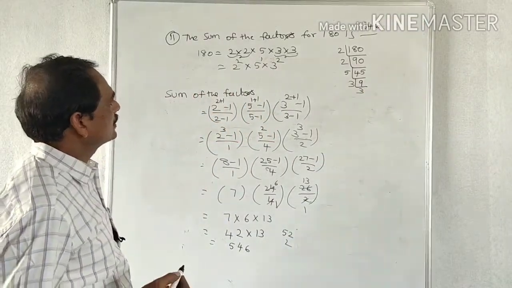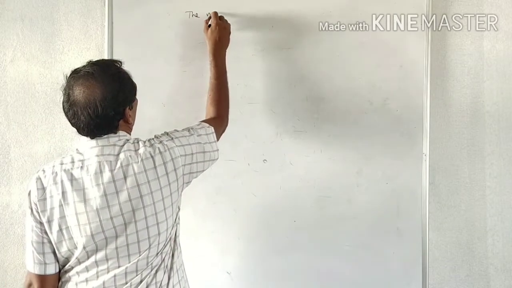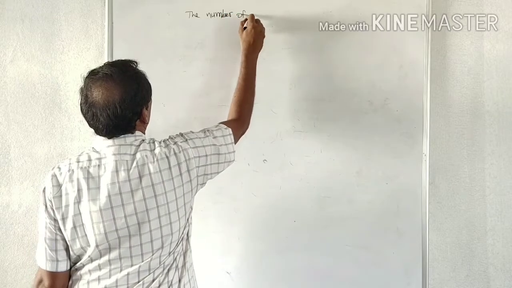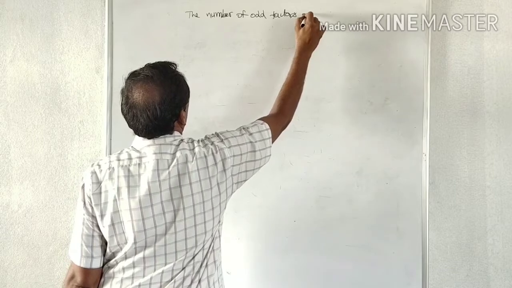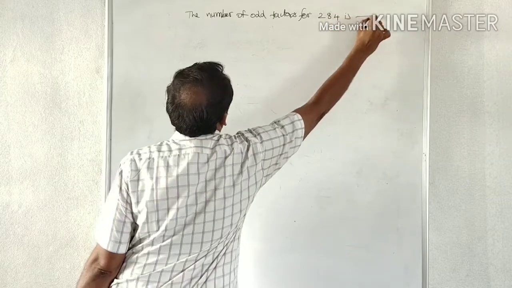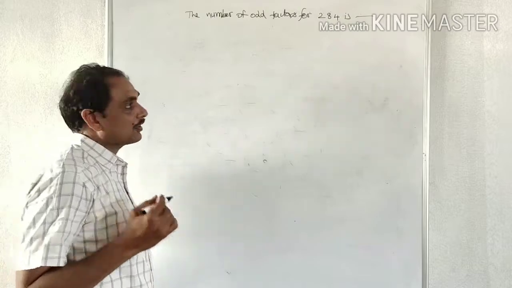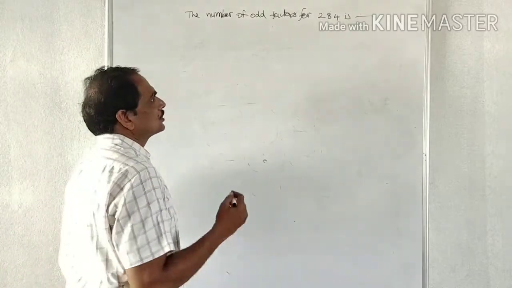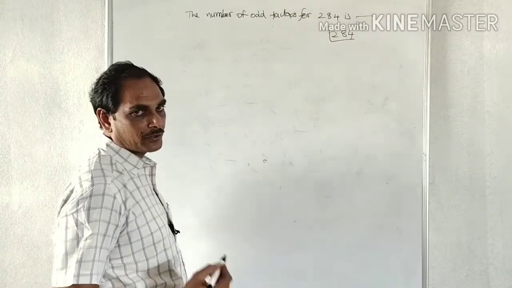Next, the number of odd factors for 284 is dash. So here we are going to find only odd factors for 284. We divide 284 by prime numbers only.